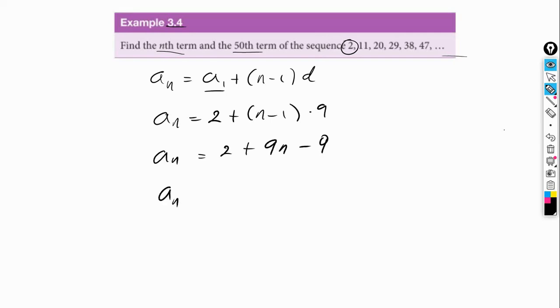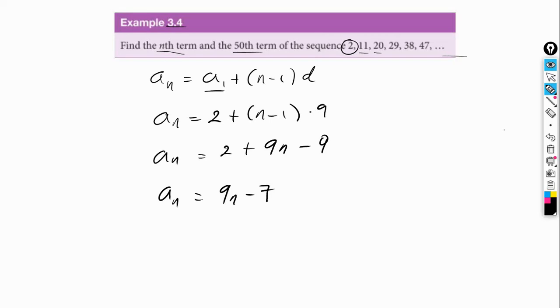So the nth term would be 9n minus 7. So 9 times n minus 7 would give us any term, and you can test it. 9 times 1, which is the first term, minus 7 would be 2. 9 times 2 is 18, minus 7 is 11. 9 times 3 is 27, minus 7 is 20, etc. So it generates the sequence.